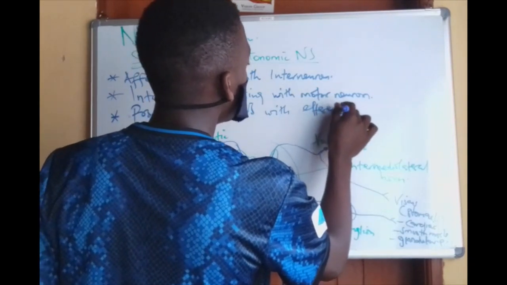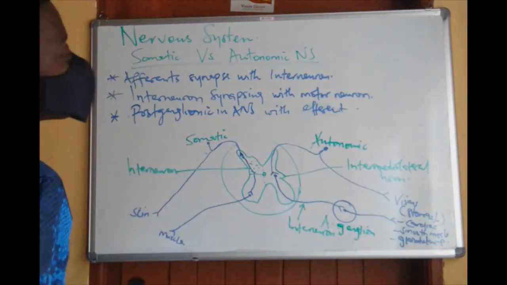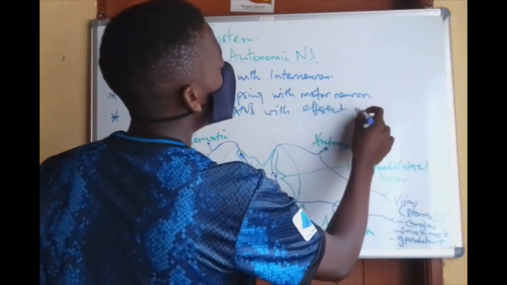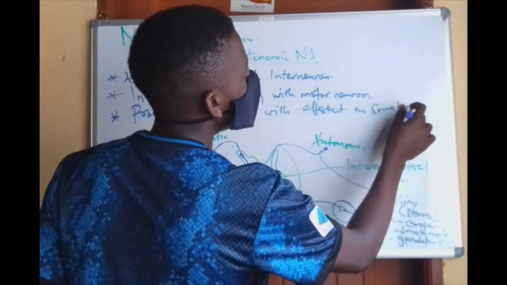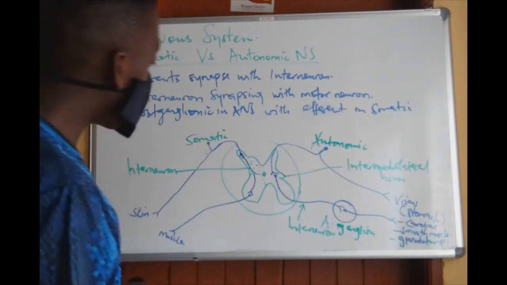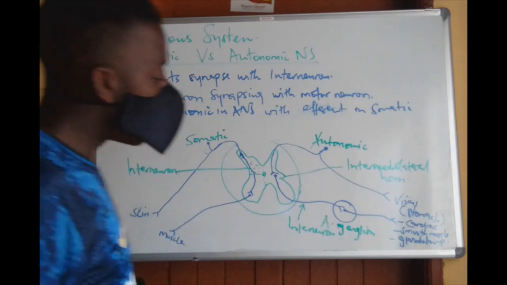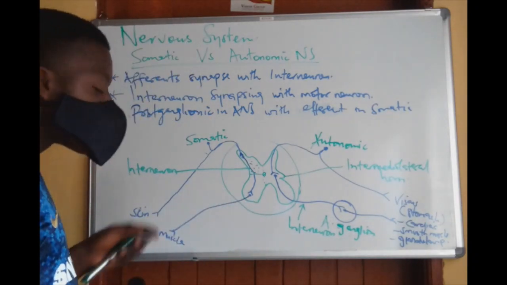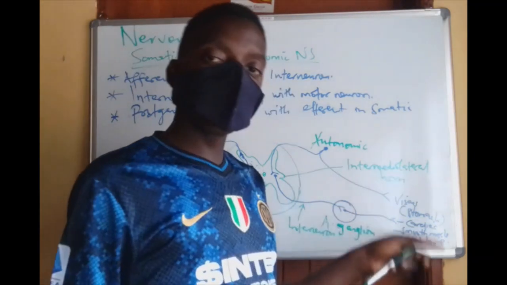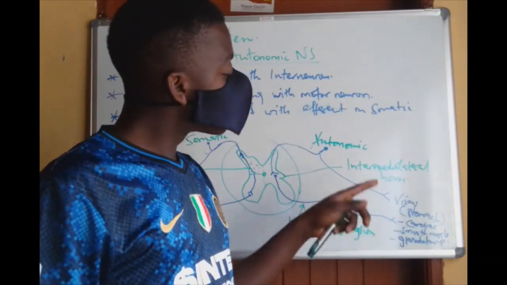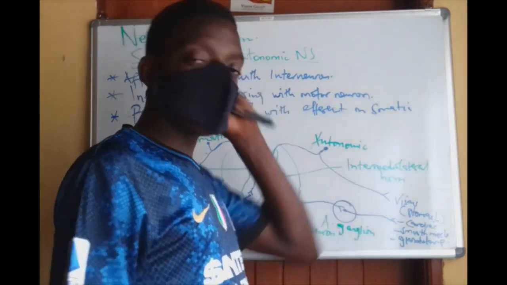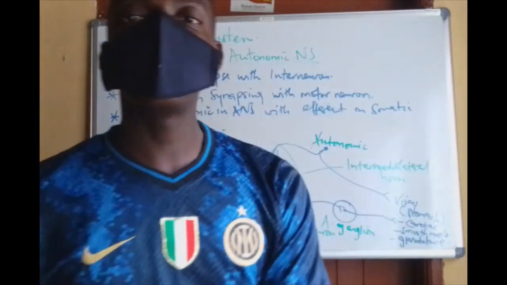Efferent of the somatic system. You see that this one goes to skeletal muscles. The nerve endings terminate into skeletal muscles. This one terminates into cardiac muscle, smooth muscle, or glandular epithelium. Those three.